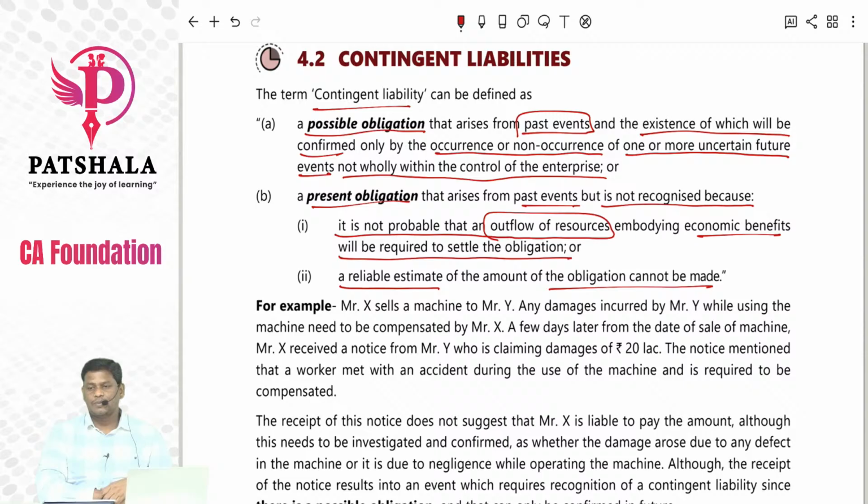Okay, so you are unable to make a reliable estimate. Clear? Next.